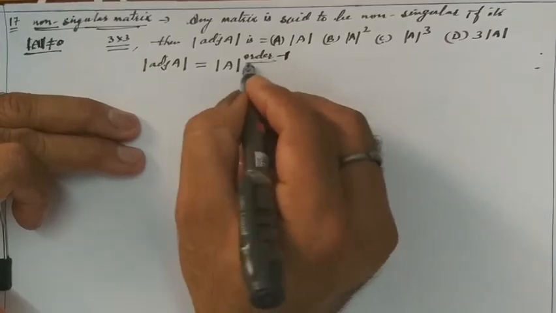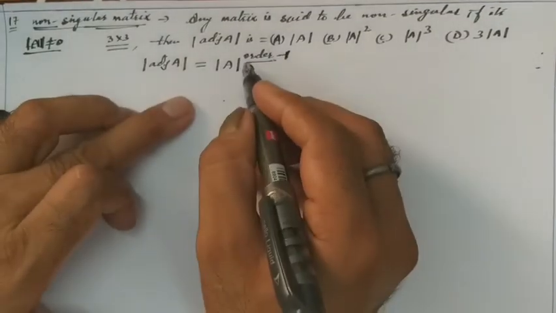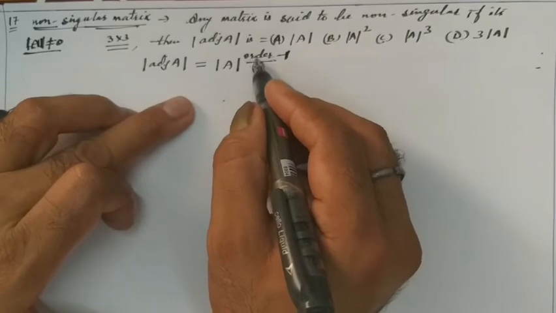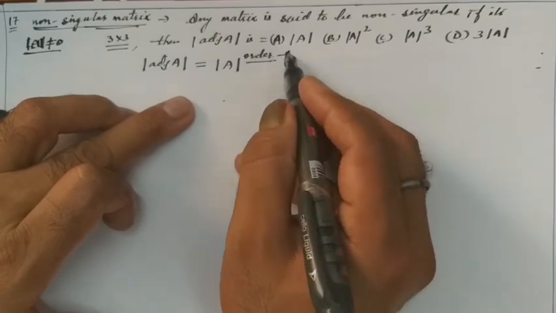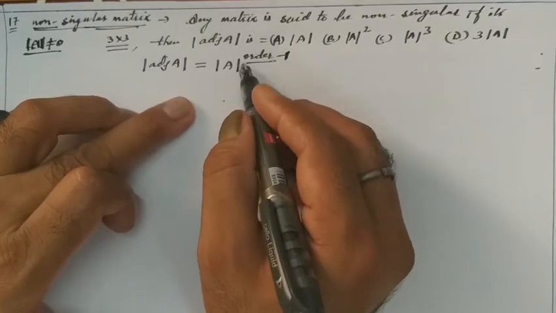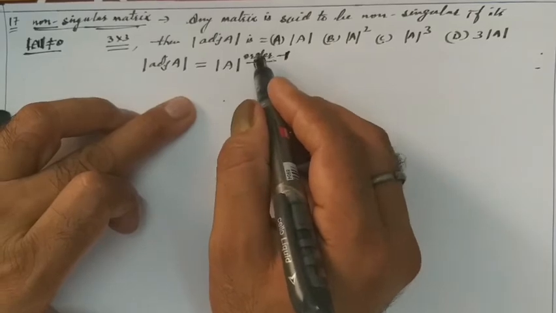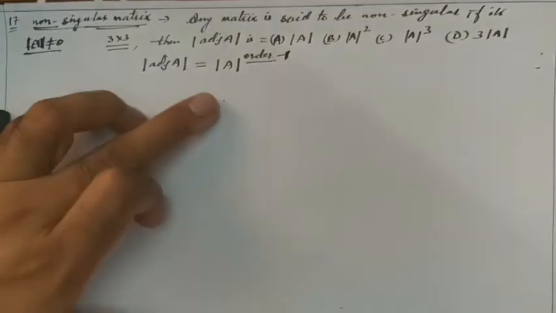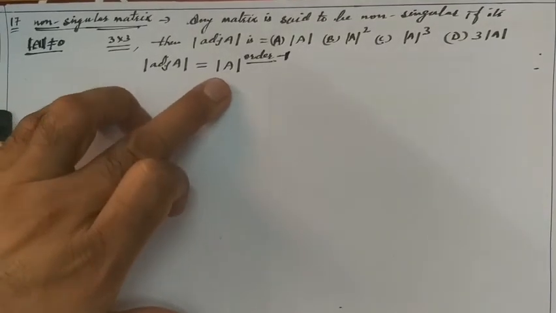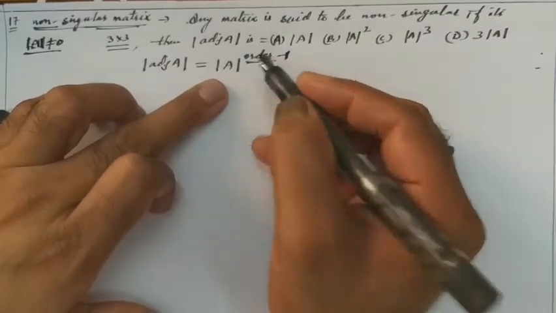What is this order minus 1? It means if it is a square matrix of 2 by 2, then 2 minus 1. If it is a square matrix of order 3 by 3, then 3 minus 1. If it is a square matrix of order 4 by 4, then we will put here 4 minus 1.